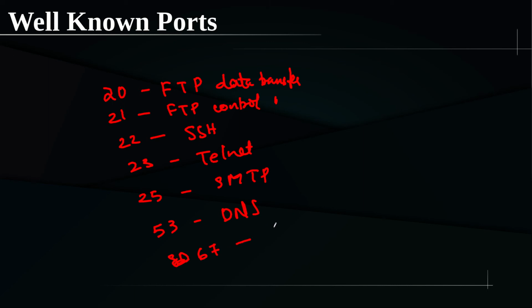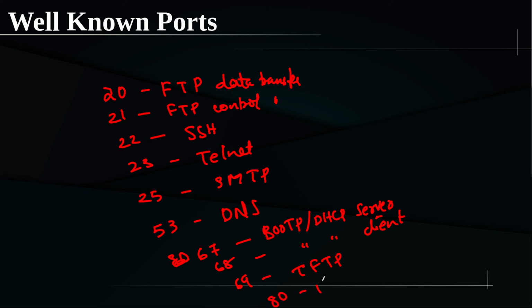67 is used by BOOTP or DHCP server app, and 68 is used by BOOTP or DHCP client program. And I think 69 is the one used by trivial FTP, right? Then we moved on to 80, the one used by the HTTP protocol.